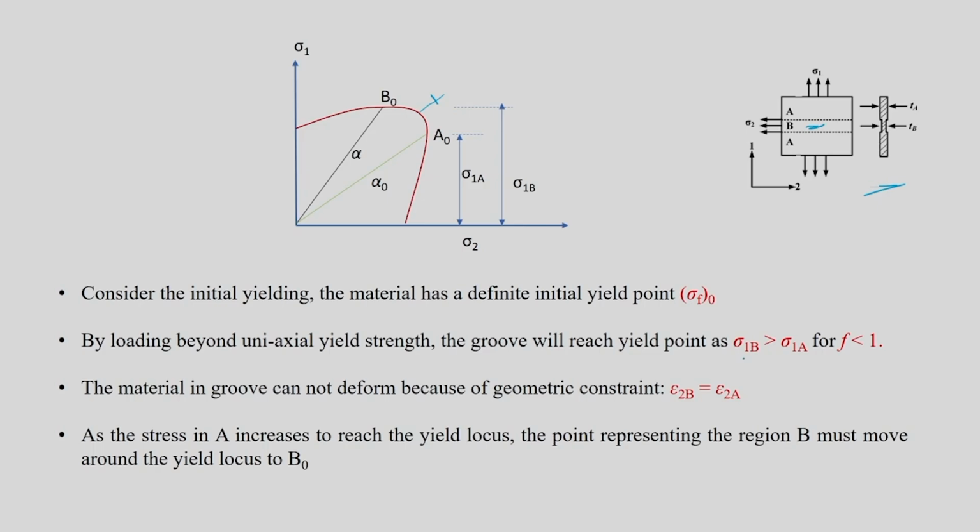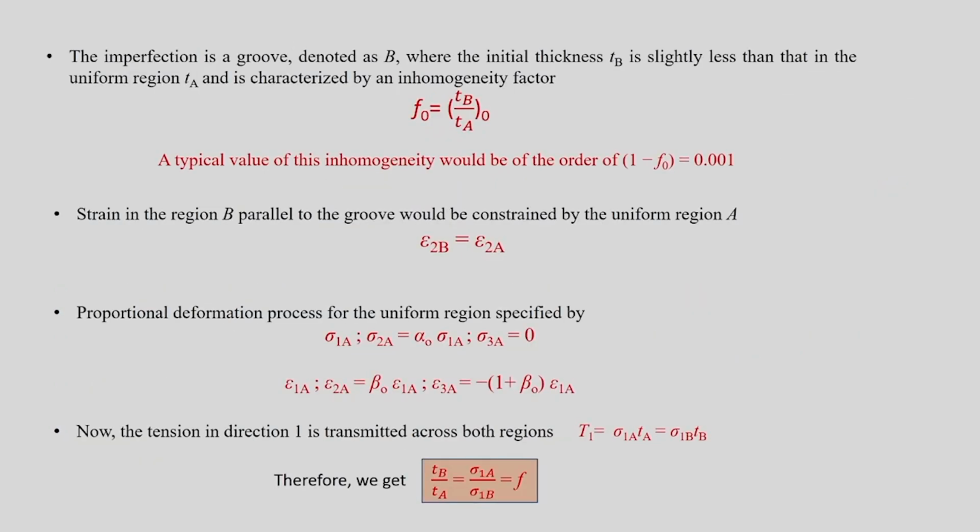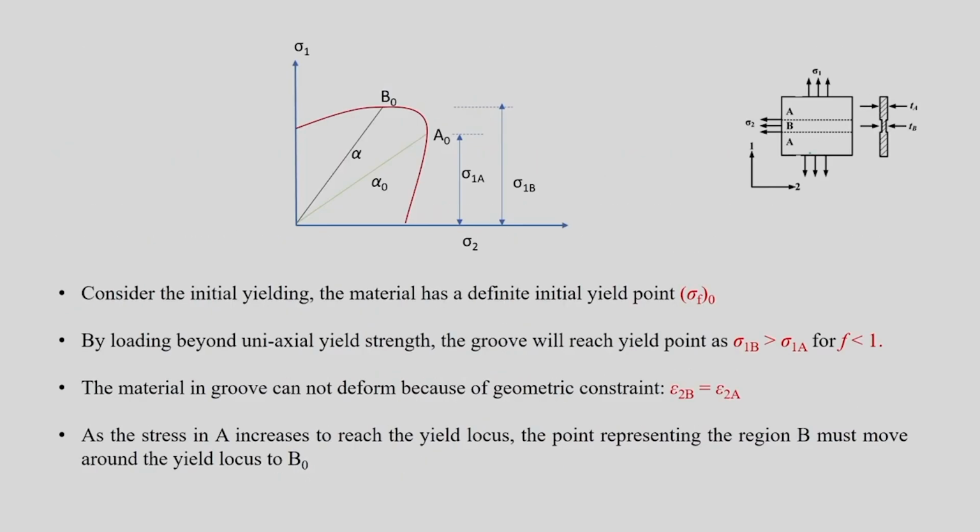Why? Because your sigma 1b is greater than sigma 1a, as it's a weaker region, for F less than 1, which is what we generally take. So the groove, or the imperfect region B, will reach the yield point first.